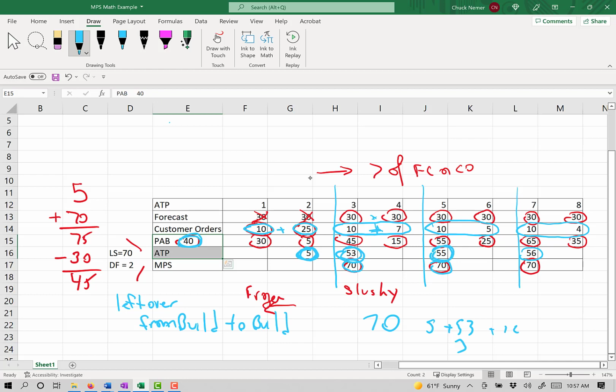Then we can start the conversation with the customer, knowing that we haven't double promised anything, and we can see if this grouping of 5, 53, and 12 will work. And if not, then we go into managing from a process standpoint what we can make promises to the customer. Okay? So that's the math of available to promise and master scheduling.